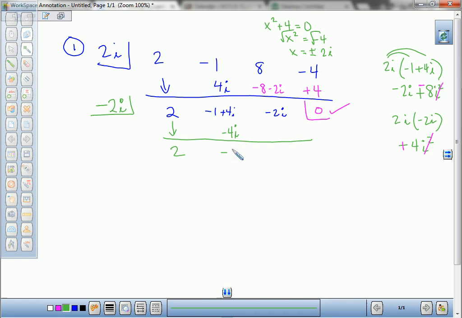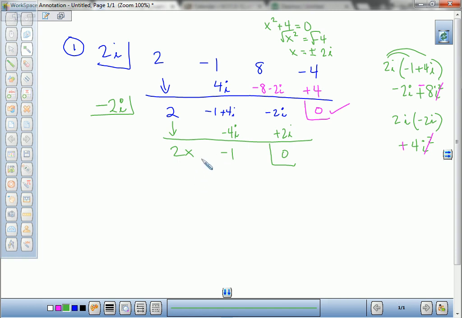Goes away, doesn't it? And then -2i times a -1 is a +2i. So what happens to that imaginary part? It goes away. All right, so this -1 is my plain old number, which tells me that this is my x.